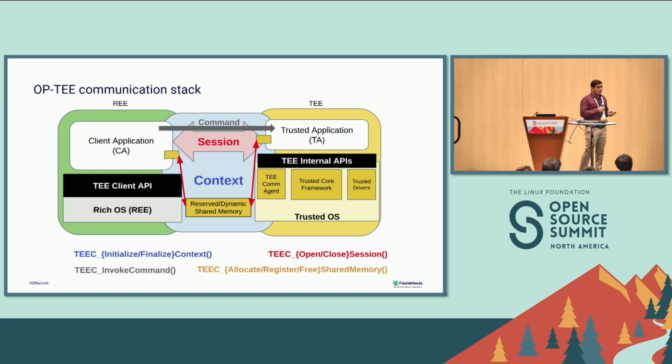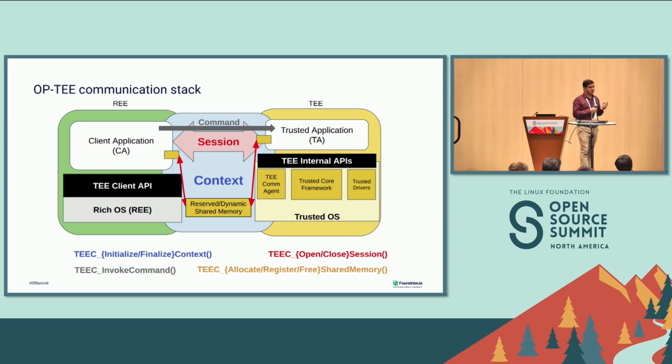Now coming on to the communication stack, how this client application would invoke services, like get different secure services from the trusted application. There are 3 things here you need to keep in mind. First is the context. Context is where the client application opens up a context with the trusted execution environment as a whole. And afterwards, it's this session that is a one-on-one session with the trusted application.